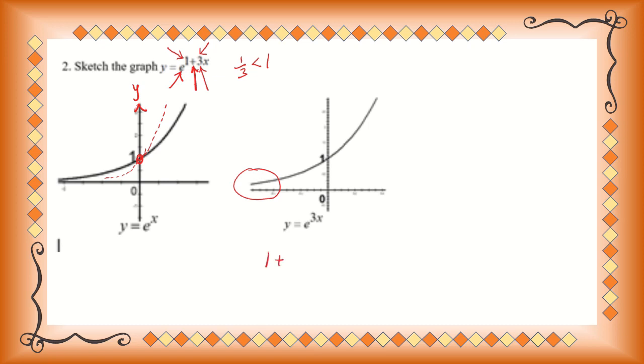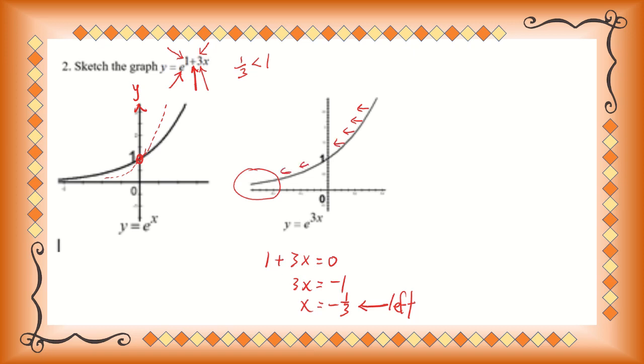To determine this, we make 1 plus 3x equal to 0. 3x is equal to -1, so x is equal to -1/3. Since x is a negative value, means we need to shift the whole curve to the left. So means each of the points will be shifted to the left.